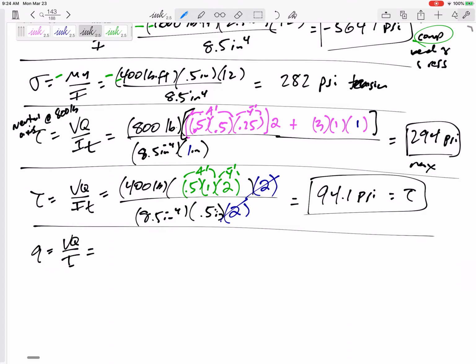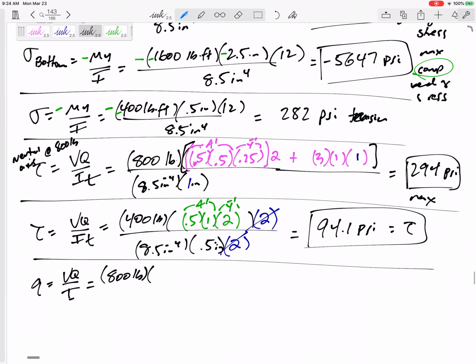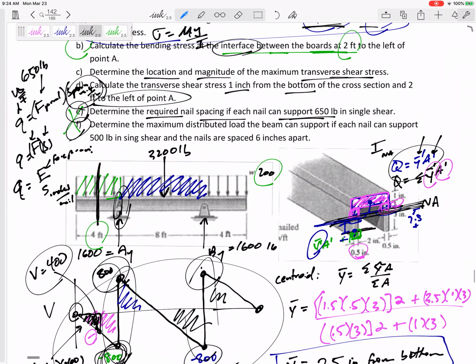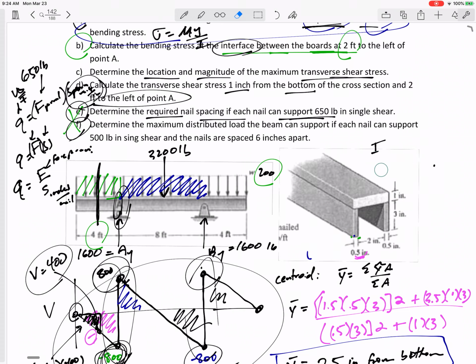What's the maximum V I'm ever going to have? 800. Yes, the maximum V I'm ever going to have is 800. What Q do I need to be worried about? I need to make sure that the nails can take the shear right here.